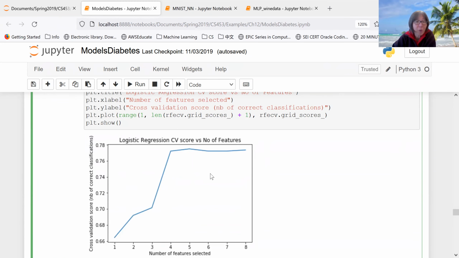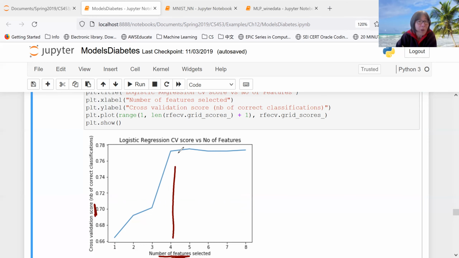Then over here, we plot the score versus the number of features, because this is regarding feature selection. You can see that if you pick 4 features, 5 features, 6, it doesn't make a huge difference.